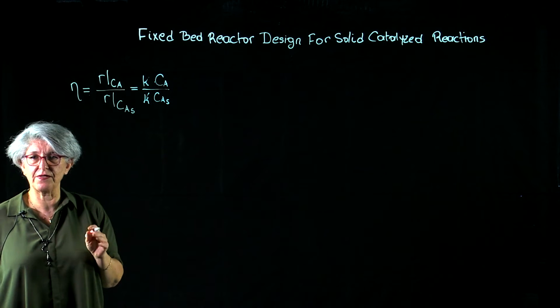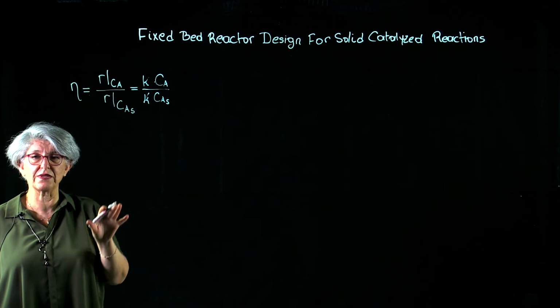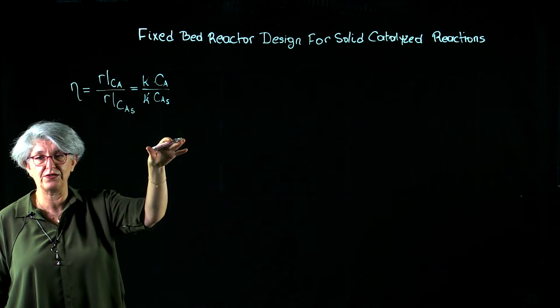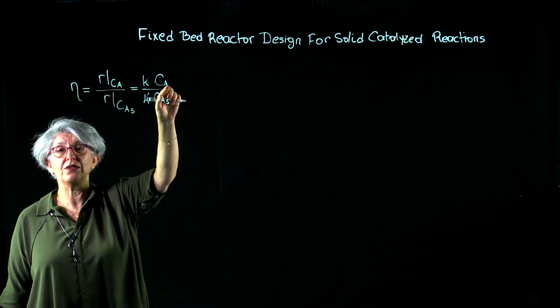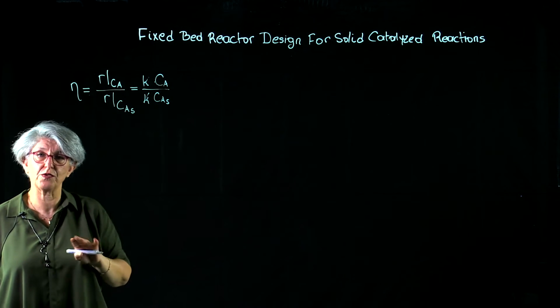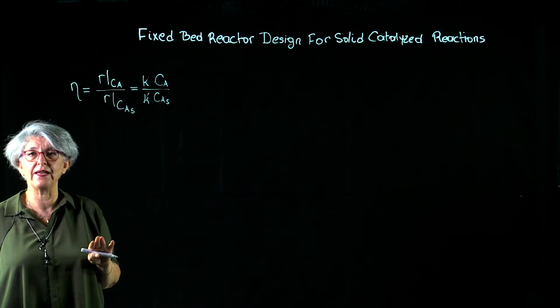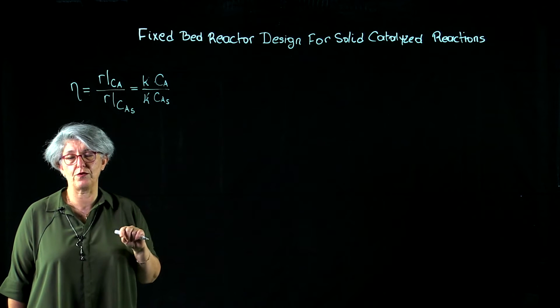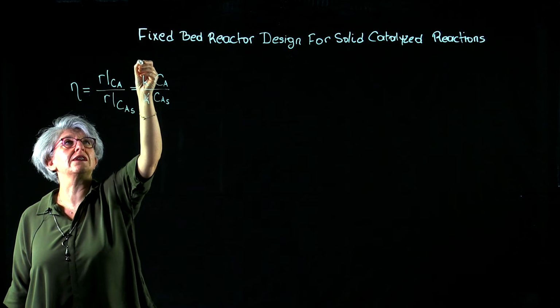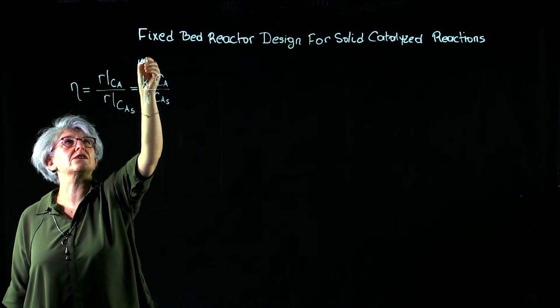The effectiveness factor for a first order reaction was a simple ratio of the concentrations: the true concentration, which can be a function of position, and the concentration at the surface, as if throughout the catalyst pellet the concentration were uniform. Now, this is the effectiveness factor under isothermal conditions.